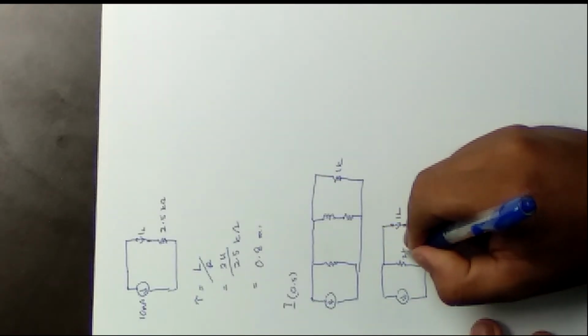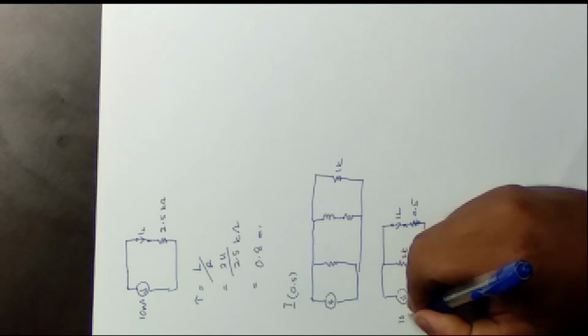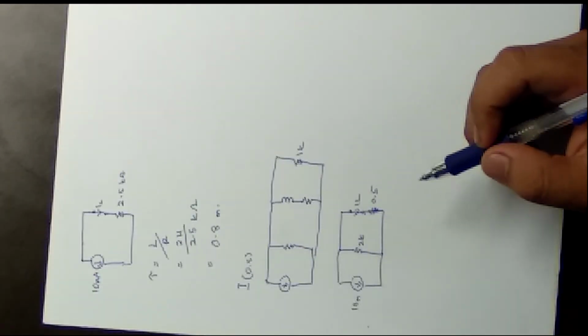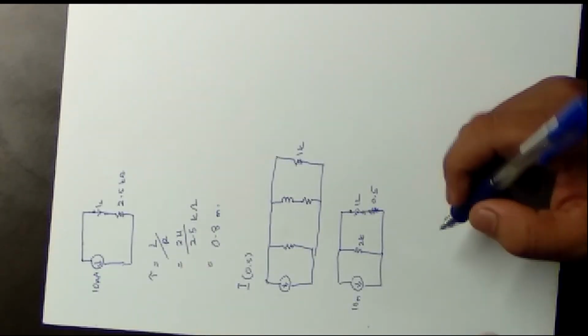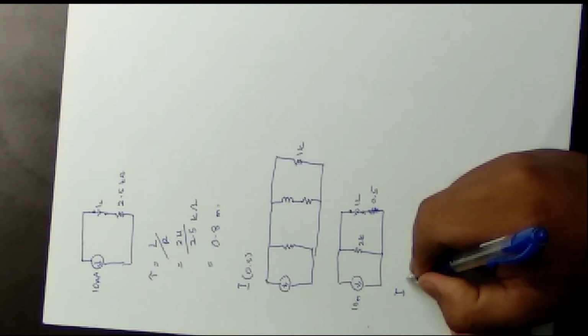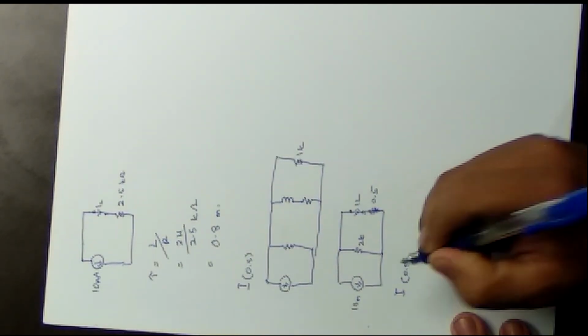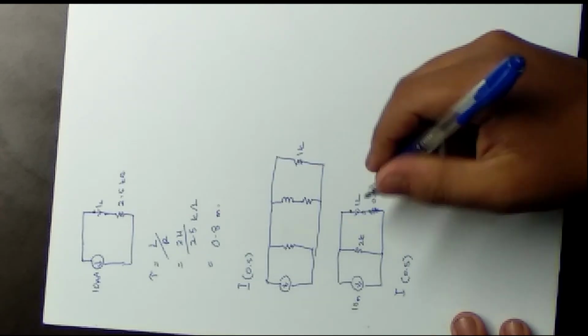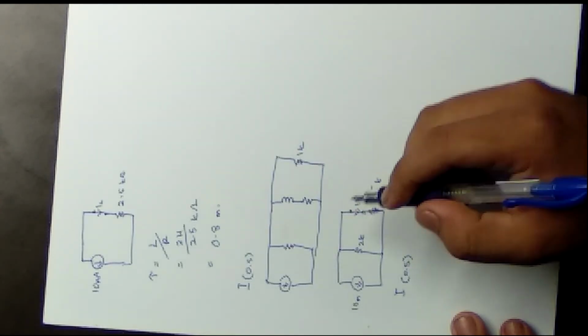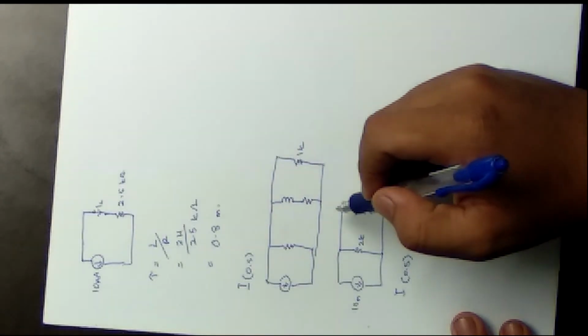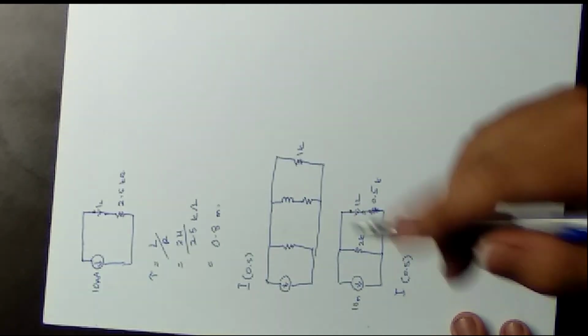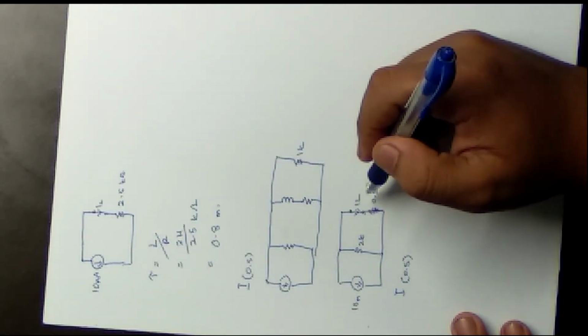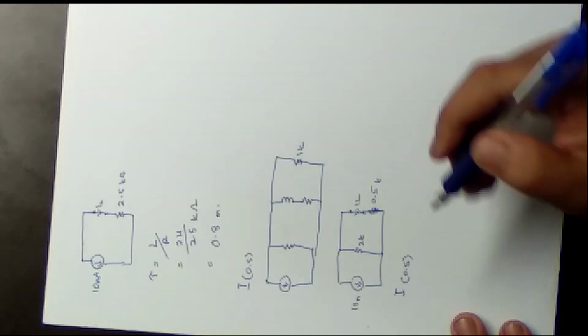It's okay, 10 milliohm. We use the current divider to get I 0.5. We use the 0.5 to find the IL, because the resistance is at the 0.5 where the IL flows. When the IL flows, we use this resistance.